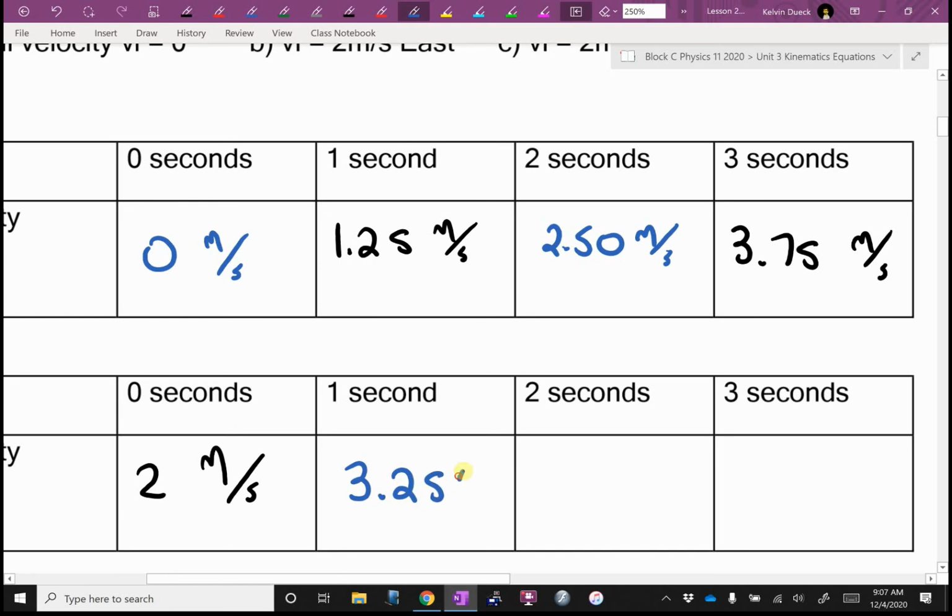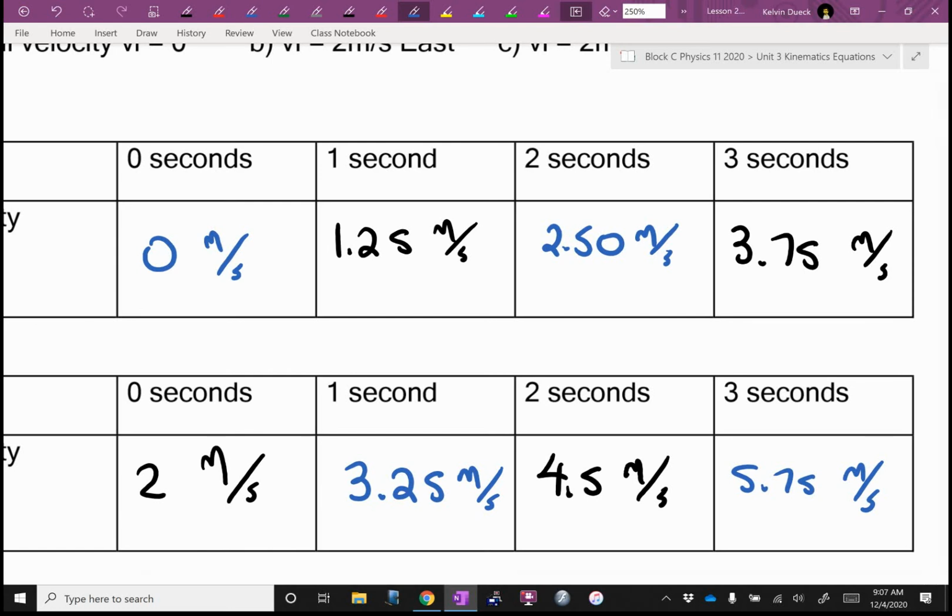Yes. And then after 2 seconds, it would be going another 1.25 faster, which is 4.5, I think, yes? And after 3 seconds, it would be going... And again, I would ask the question, okay, 1,000 seconds from now, how fast is it going? Is there a way that I can get there in one step? Yes, there is.